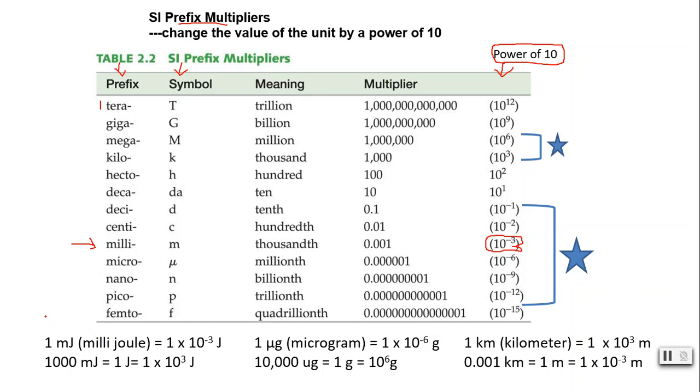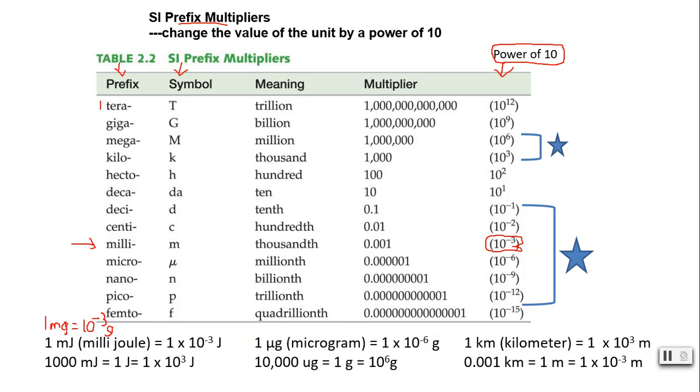If I asked for 1 milligram, that would be equal to 1 times 10 to the negative 3 grams. Grams is the unit in common between those two. The power of 10 goes on the unit that's in common, which is grams, and it's always in terms of 1 of the prefix.